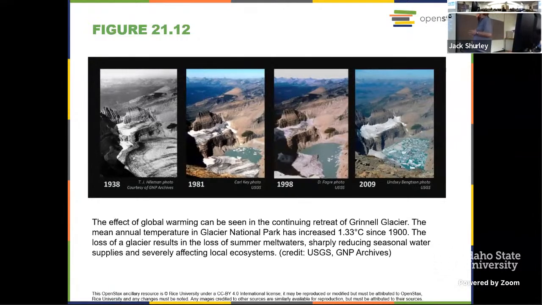So we see impacts like this with receding glaciers causing issues with losing some of the meltwaters. We see results of greater evaporation and other situations. This decreases water supply and impacts the ecosystems.